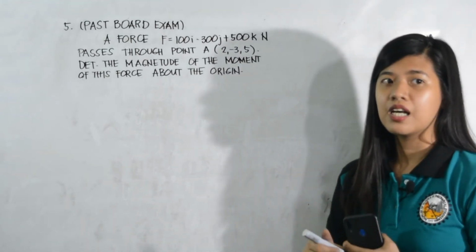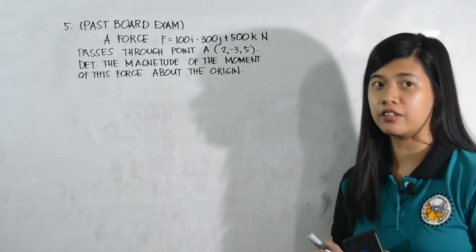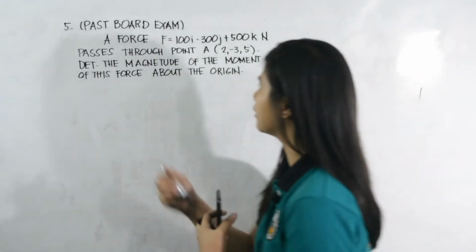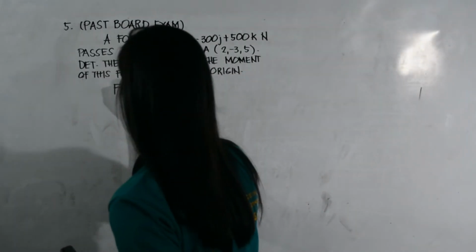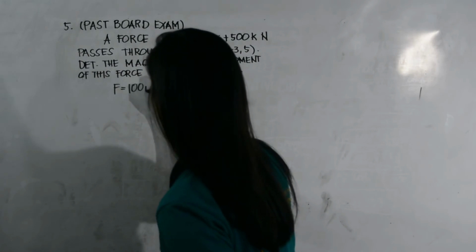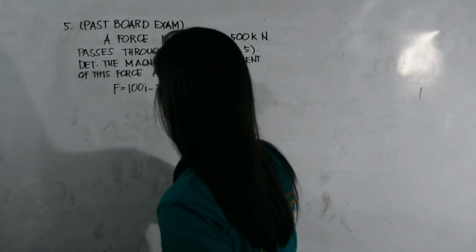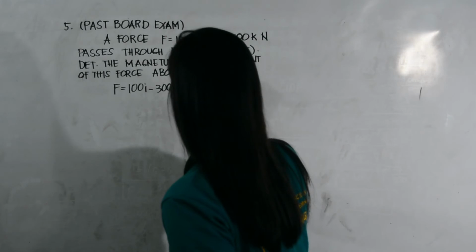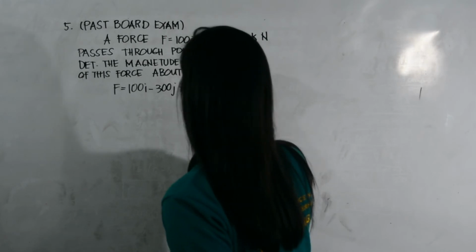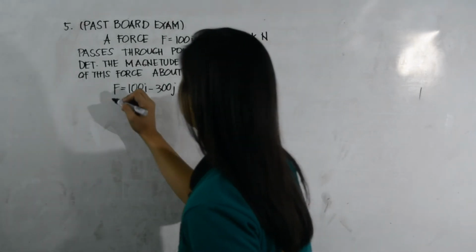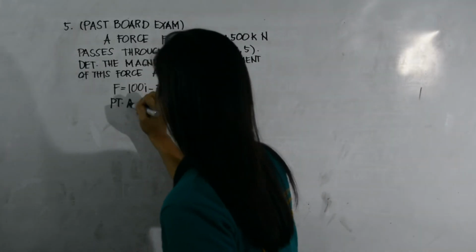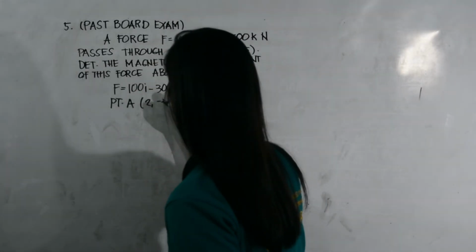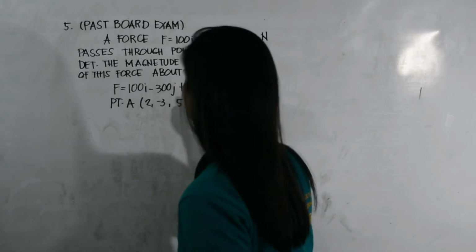First, we have to get the resultant force based on the given. We have our force equals 100I minus 300J plus 500K Newton, and point A of 2, -3, and 5.